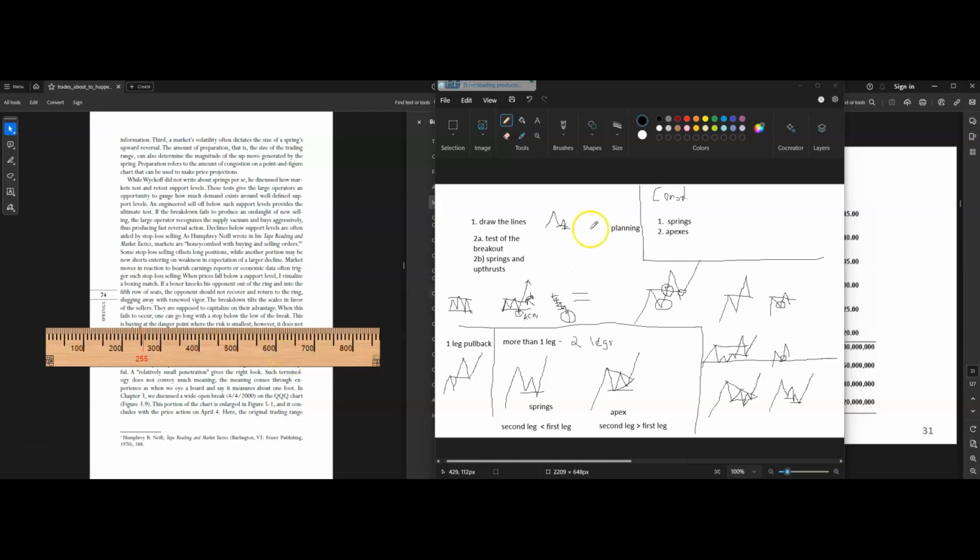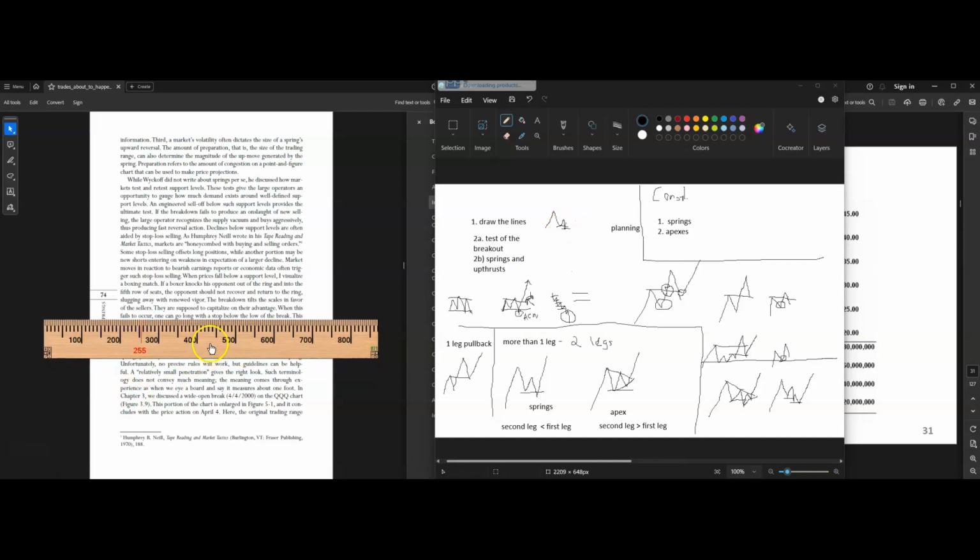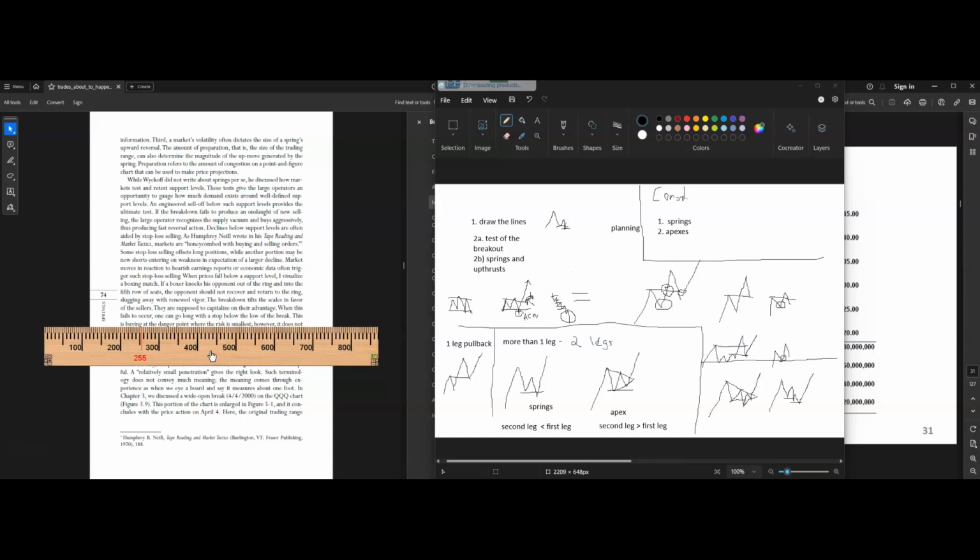Why is it smallest? Because it's a spring. It's the best place in terms of risk reward, and the ultimate test. When this fails to occur, one can go long with stops below the low of the break, buying at the danger point where the risk is smallest.